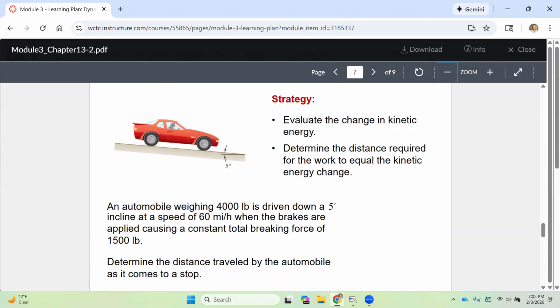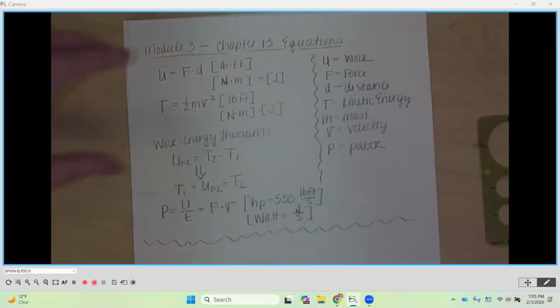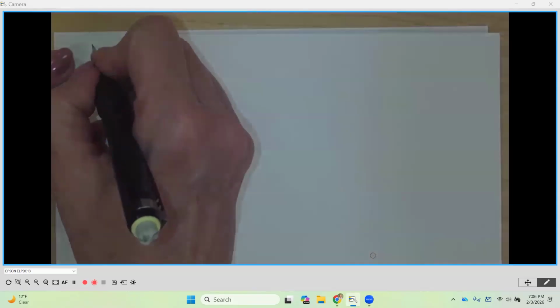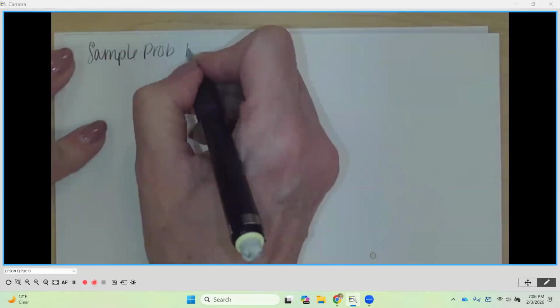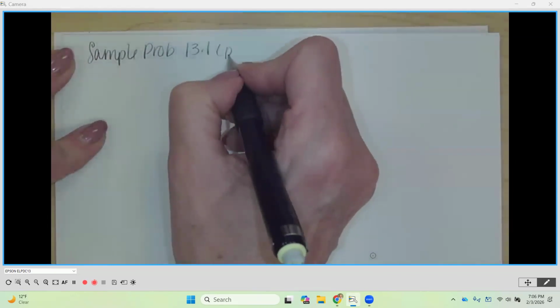All right. So we're going to put this aside and create our problem, givens, finds, and then talk about how we'll proceed. This is sample problem 13.1, page 809.